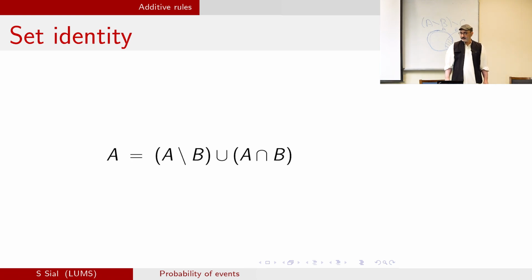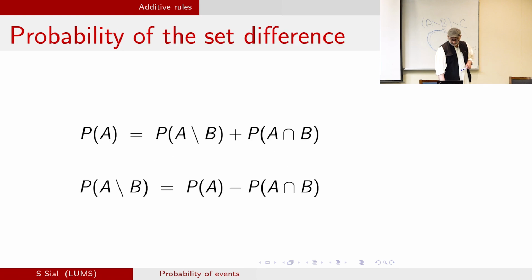So what's the point of taking it out if you're just going to add it back? Because it can make our calculations easier. If we're asked for the probability of A minus B, well, it's the probability of A minus the probability of A intersection B.